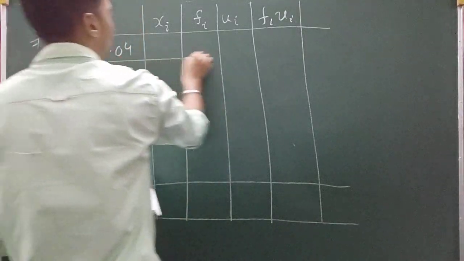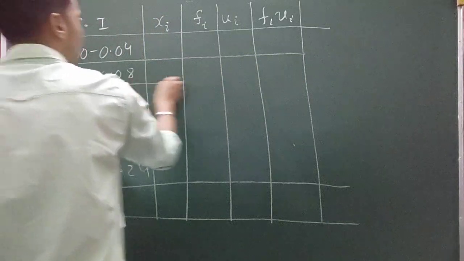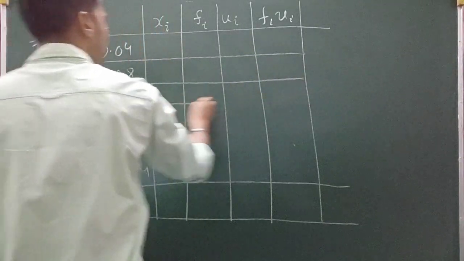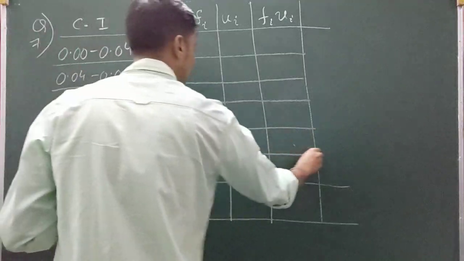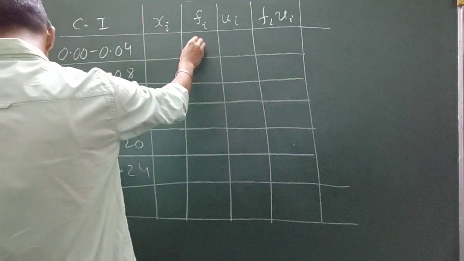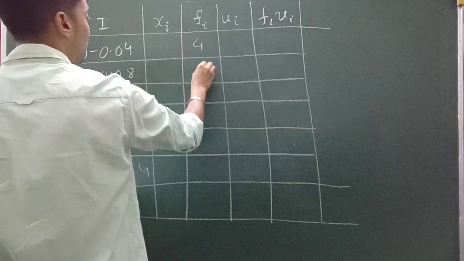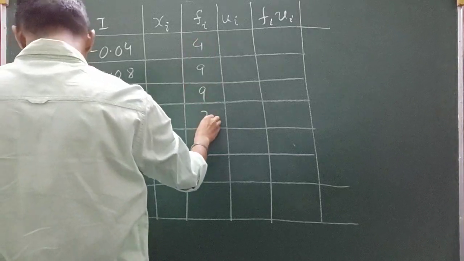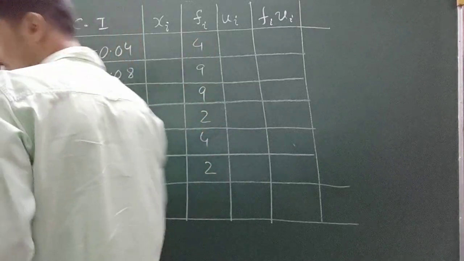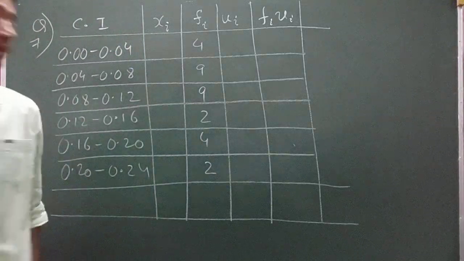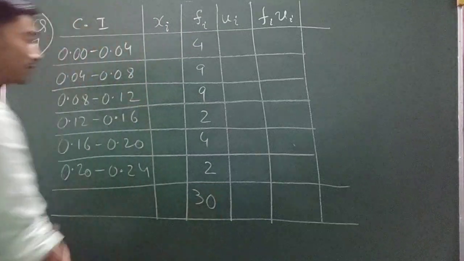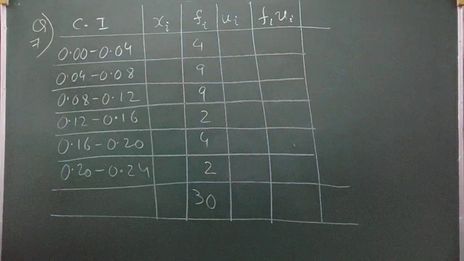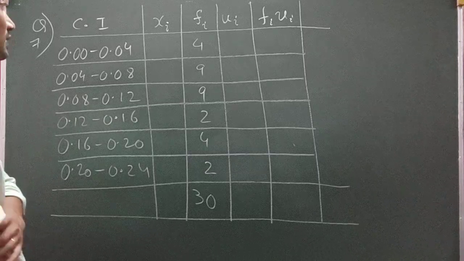We need to get the table properly so that we do not mix it up with the other values. Done? So the frequencies given to us are 4, 9, 9, 2, 4, 2. So we get the total, which in the question is given as 30, 30 localities of a certain city.